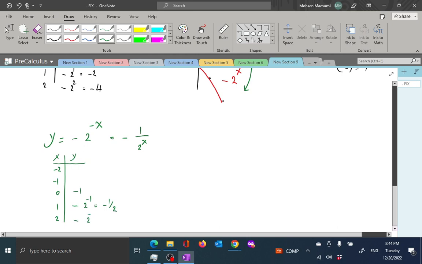Minus 2 to the power of minus 2. That's going to be minus 2, excuse me, minus a quarter. Let me correct this. And here minus 2 to the power of minus 1.